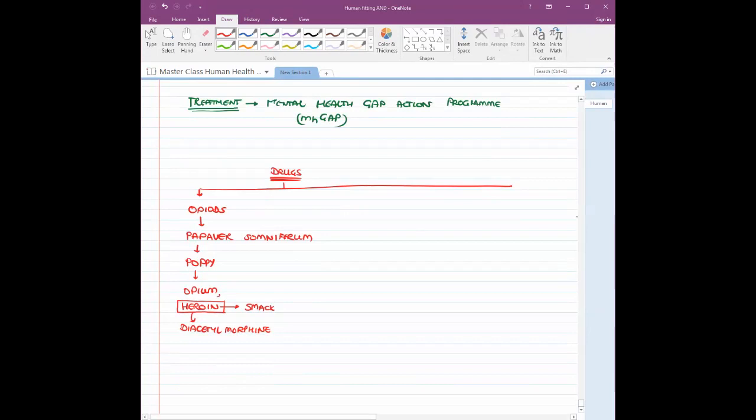Okay, but now, what is the effect? What is it going to do? So, guys, when we talk about poppy, that is opium or heroin, this affects your CNS. Always remember, it affects your central nervous system, and plus, it also affects your gastrointestinal tract.